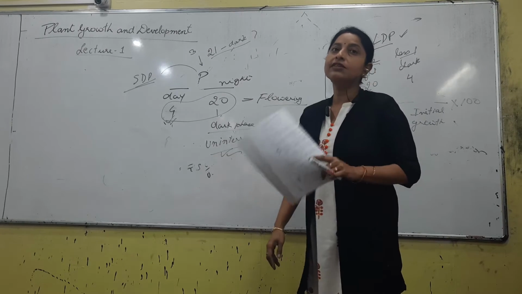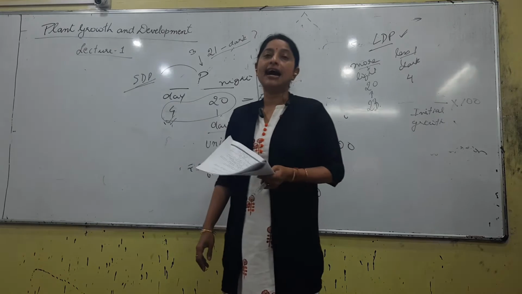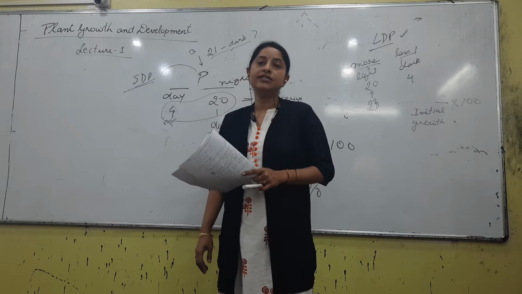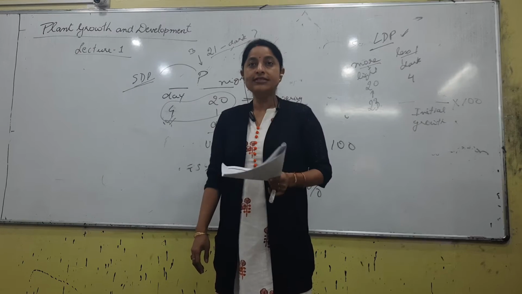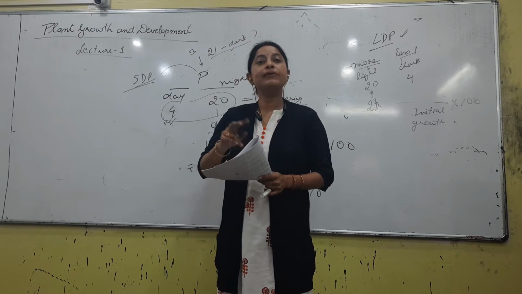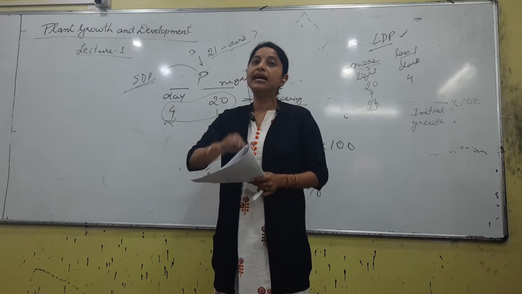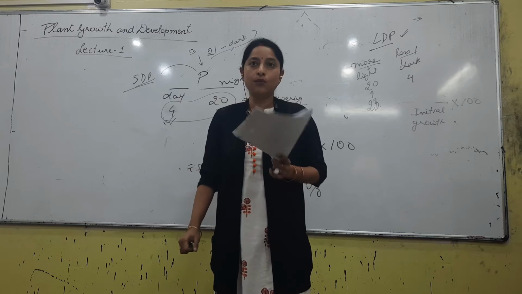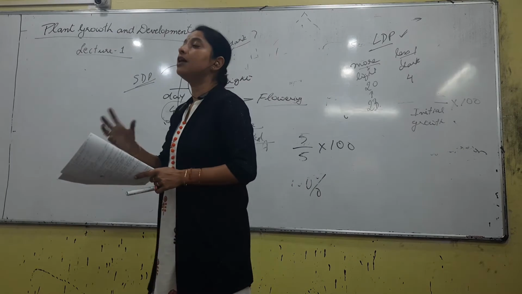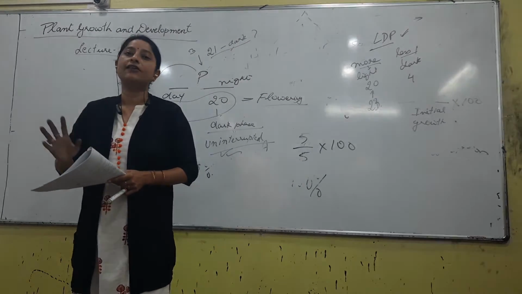Clear? Out of these two forms, the question that is asked is, which one is physiologically active? Obviously, phytochrome far red or PFR form is active, and PR form is supposed to be inactive. Why? Because PFR or far red has a major role in flowering.